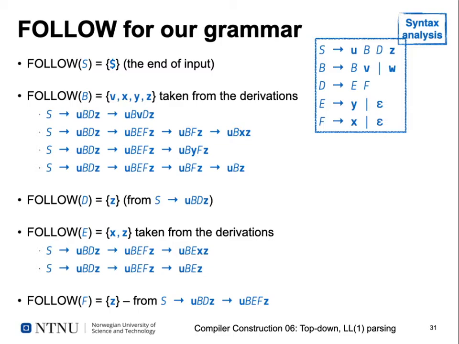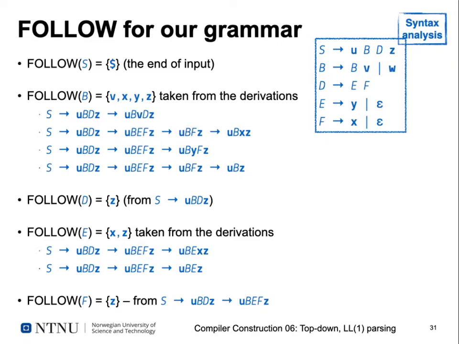And now we can go through all the possible combinations here. So again, we start with U, B, D, Z here. And then we go down this track here and say we can go to U, B, and derive EF from D. So we first resolve D here to EF.